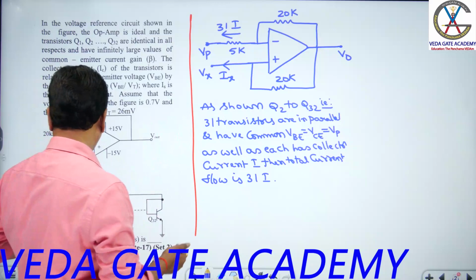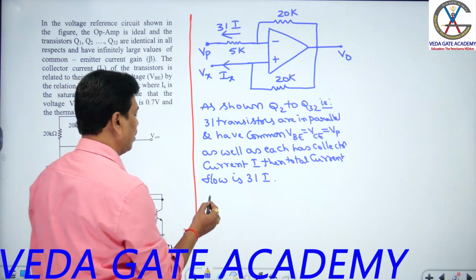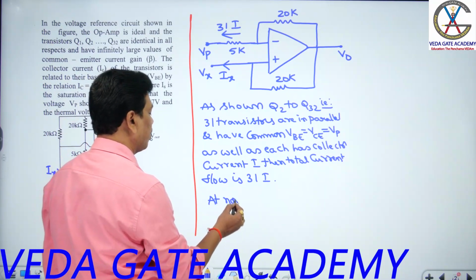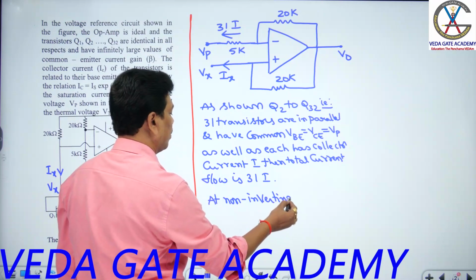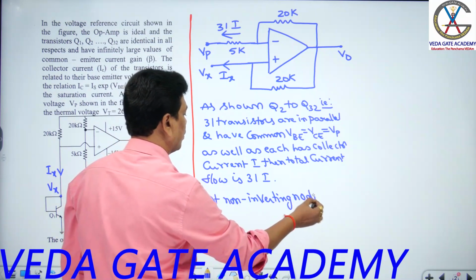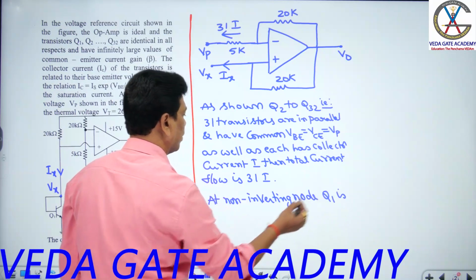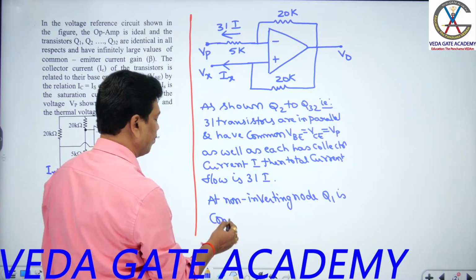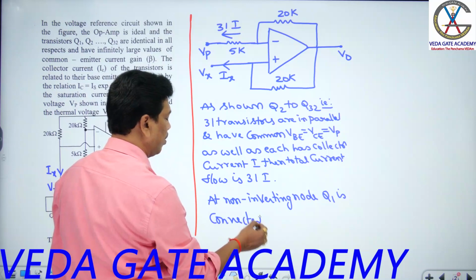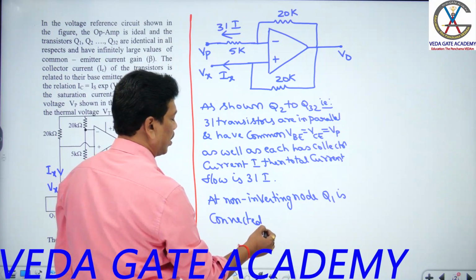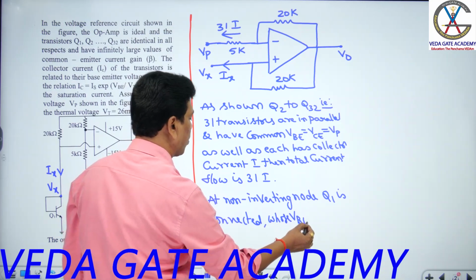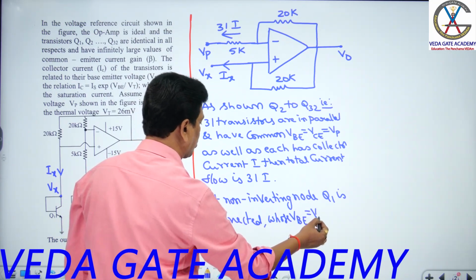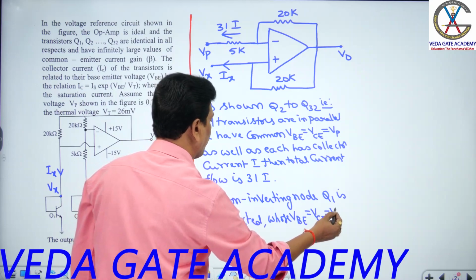Now, at the non-inverting node, who is there? Confirm now, students. Q1 is connected, whose VBE is nothing but VCE, because base and collector are shorted there, equal to Vx.